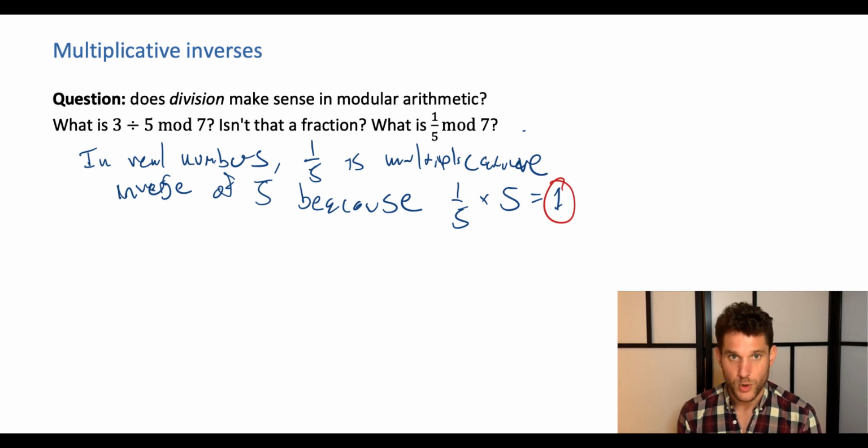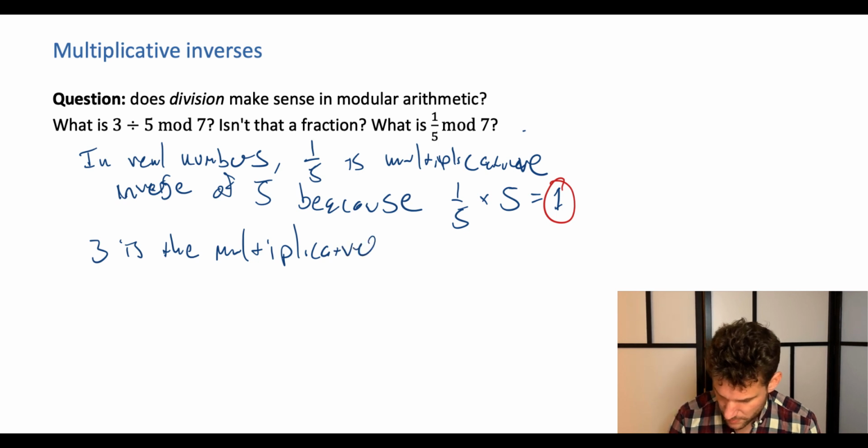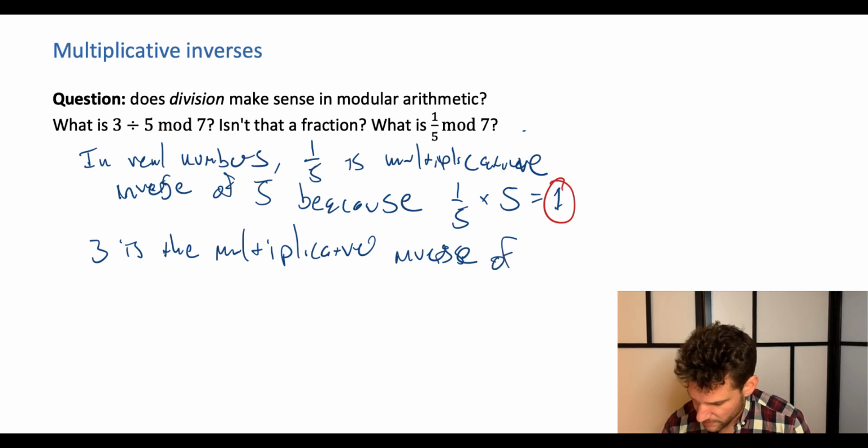So what about in modular arithmetic? Well, it turns out that 3 is the multiplicative inverse of 5 mod 7, right?